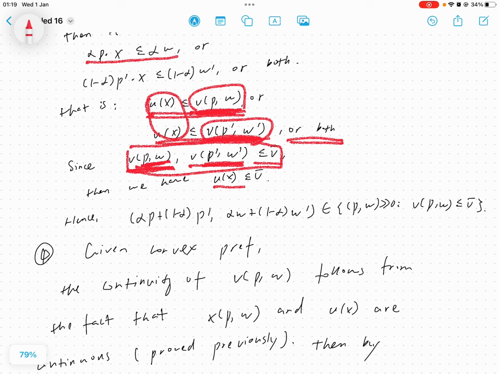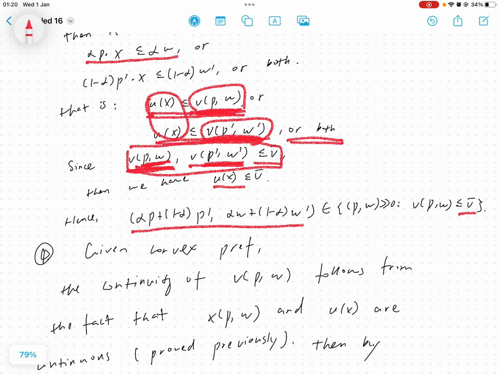It means that this collection of those p and w also satisfies the indirect utility. It has to be also less than or equal to the v bar. Okay, good. So those would be the third property about quasi-convexity of the indirect utility.